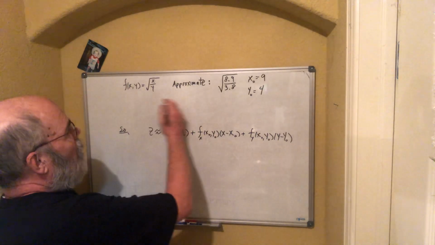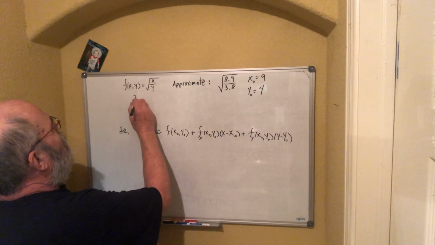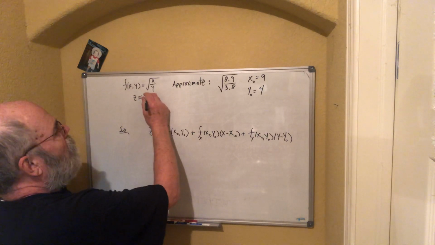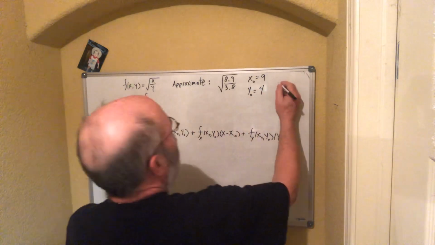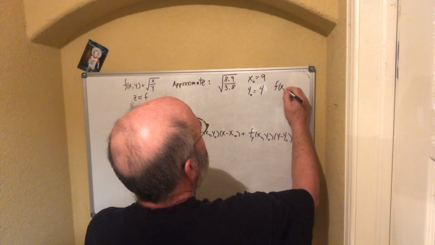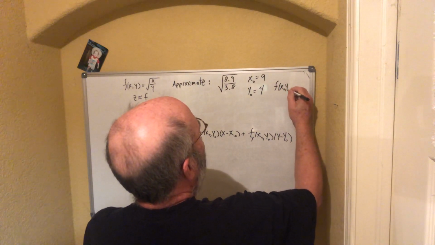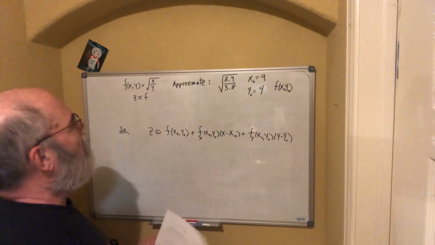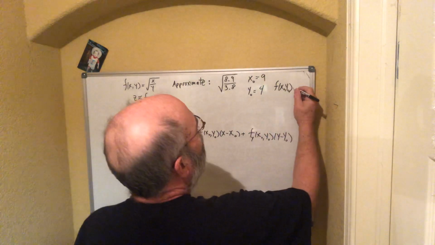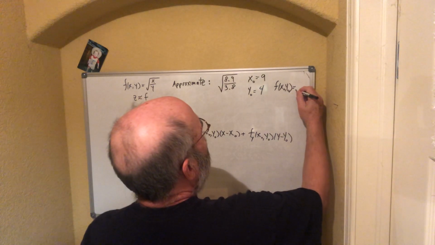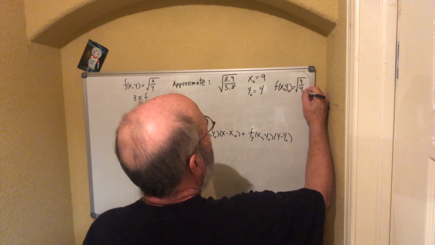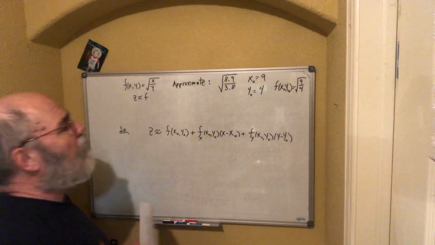Okay, let me write this here again so that we can use it down below. So, for example, the value of the function at these points is going to be the square root of 9 over 4, right?